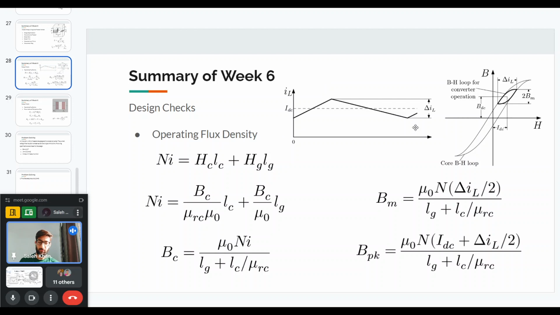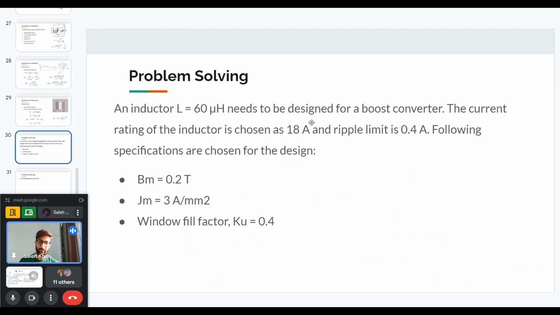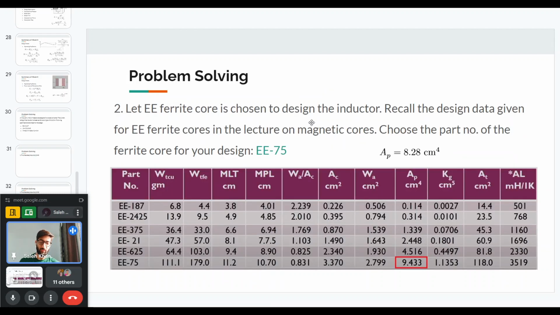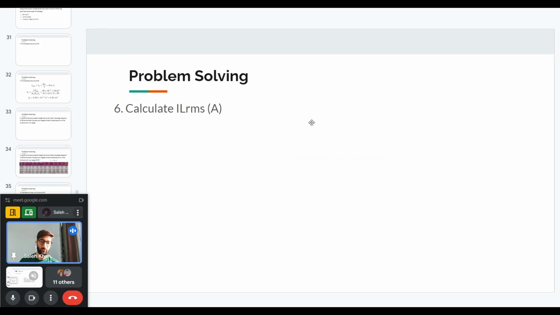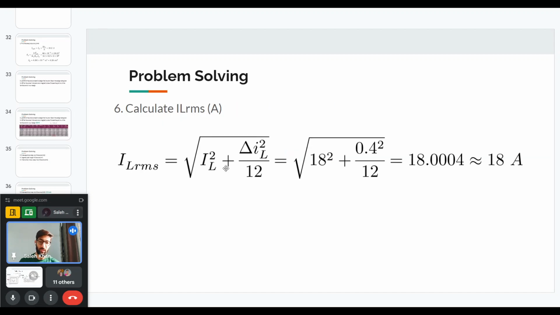If you do the integration, you will find the expression for the RMS for this kind of a current, which has a DC value, and then on top of the DC you have an AC. This is the expression for the RMS. It is the square of the DC portion, plus the square of the peak to peak ripple divided by 12. And the whole thing is in square root.